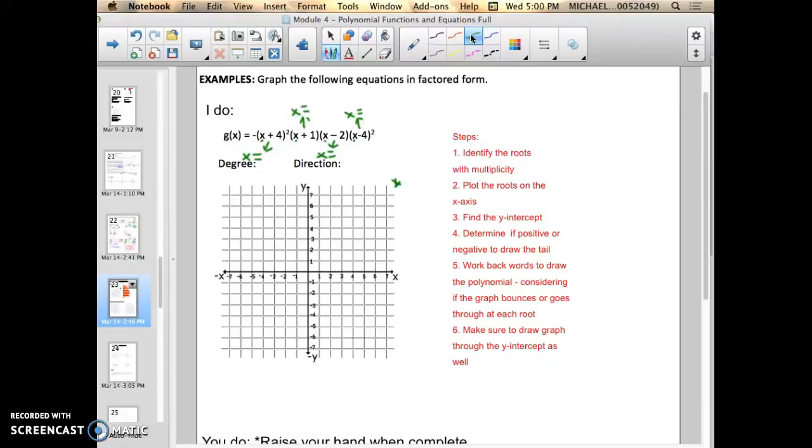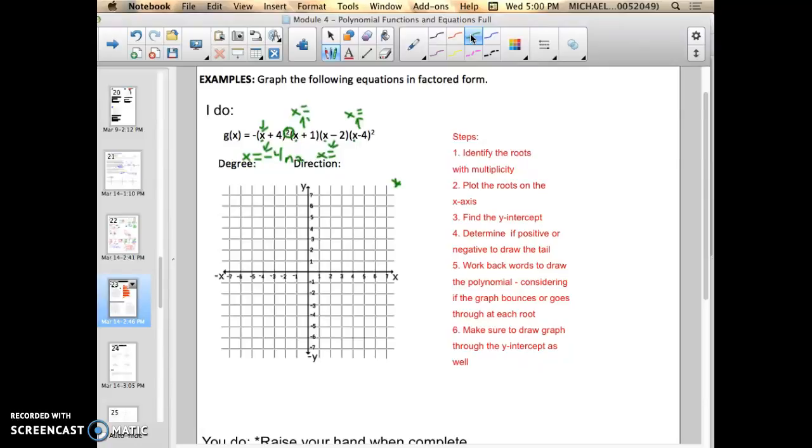Or you can consider that there's only one number that you put into that x that would make that factor 0. In this case, blank plus 4, it would have to be negative 4. x equals negative 4. Negative 4 plus 4 is 0. And remember, the power of 2 means that it's a multiplicity of 2. So negative 4 has a multiplicity of 2.